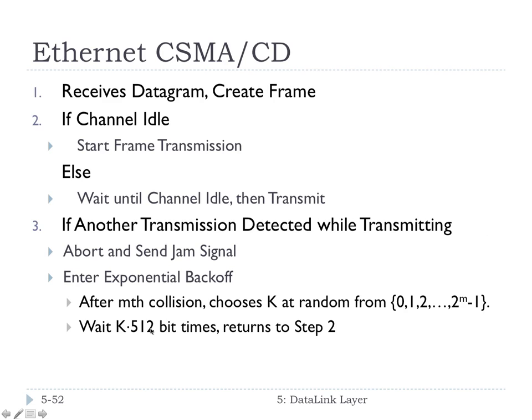All right, it's going to wait that number times 512 bit times, where a bit time is the time that it takes to send one bit. So it's going to wait that much time and then resend. Let's talk about what this exponential backoff means. The first time that a collision happens, m is going to be equal to what?